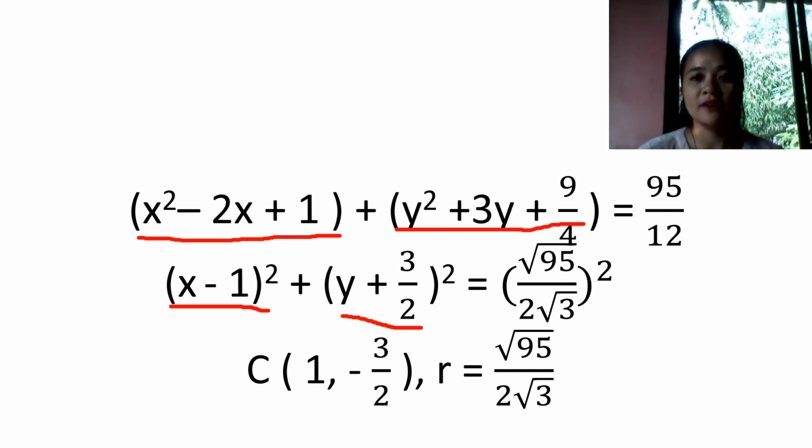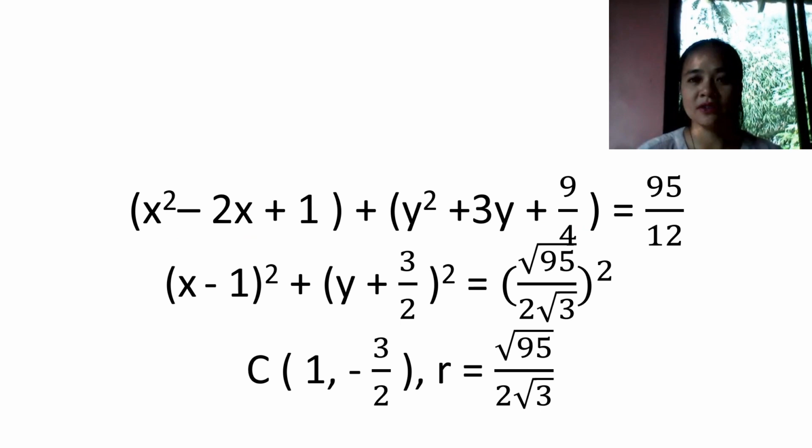Okay, so find the root, since it is still equal to r squared. So our 95 over 12 is still r squared.